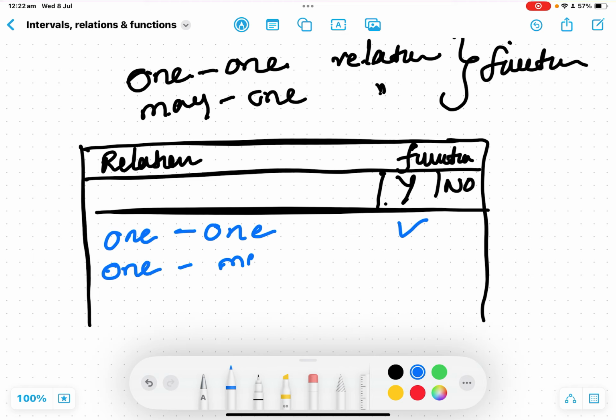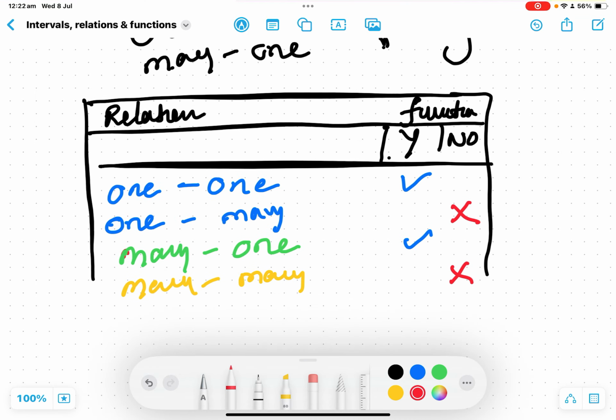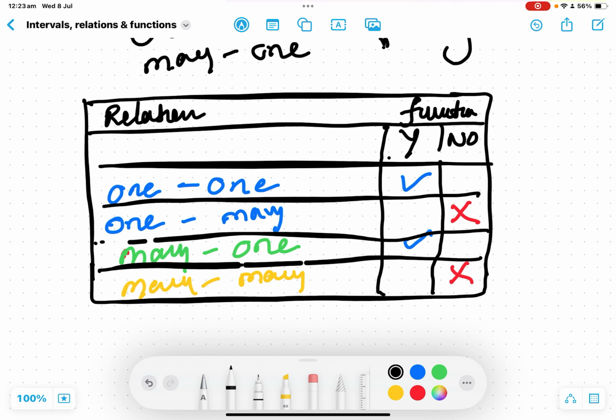One to many, no. Many to one, yes. Many to many, no. So this is the summary of the relations and whether they can become a function or not. So it has to be either one to one or many to one.